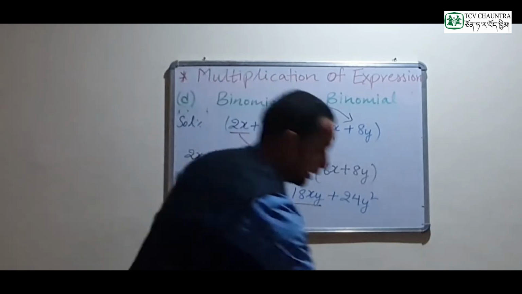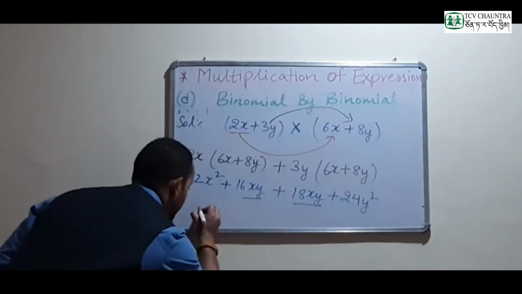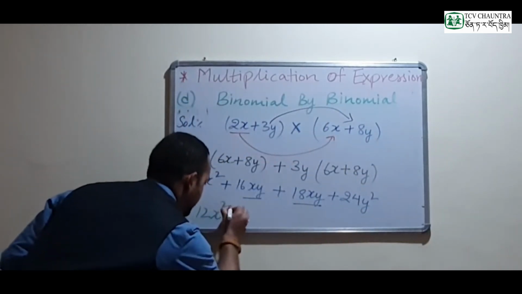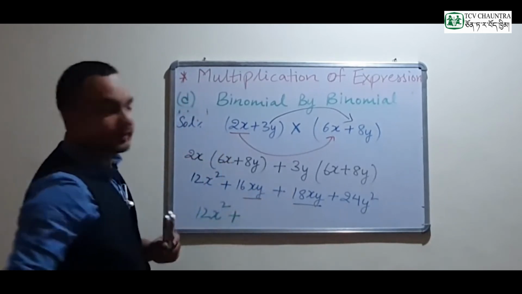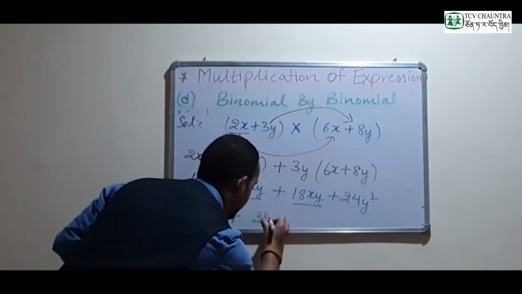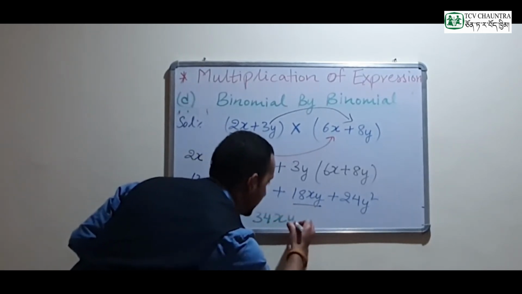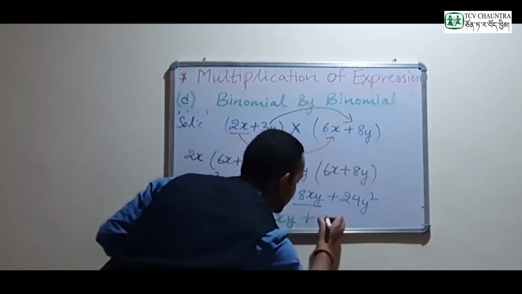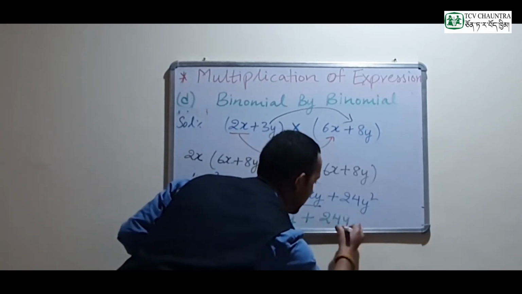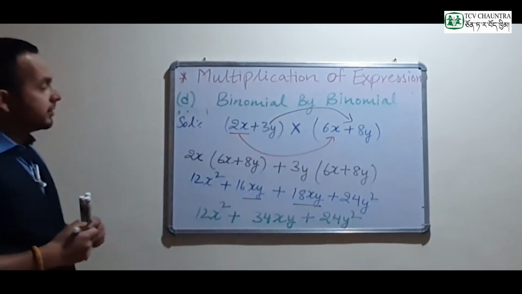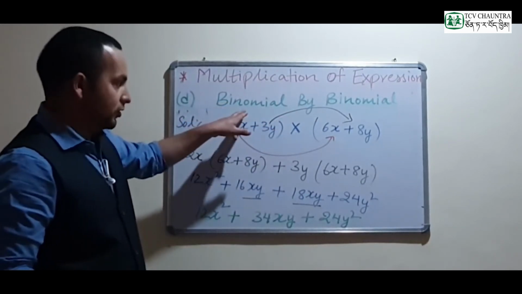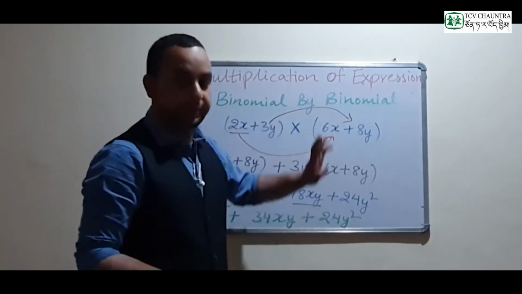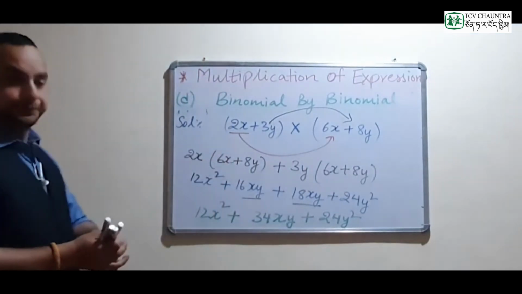Again we are going to combine these two. So 12x square plus 16 plus 18 is 34xy plus 24y square. So this is your answer. This is how you solve binomial by binomial.